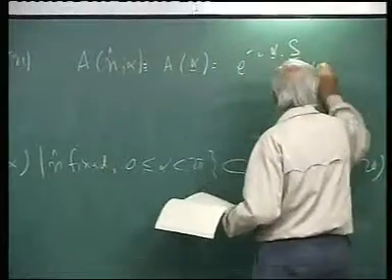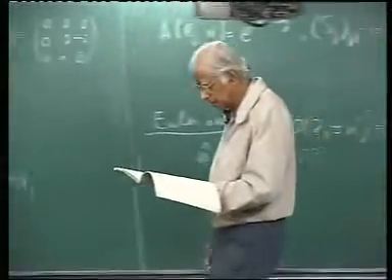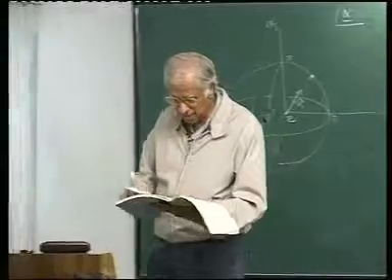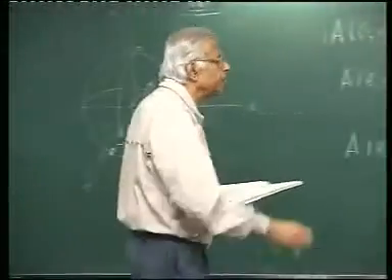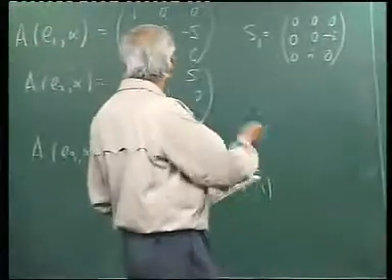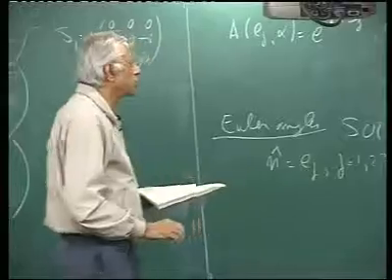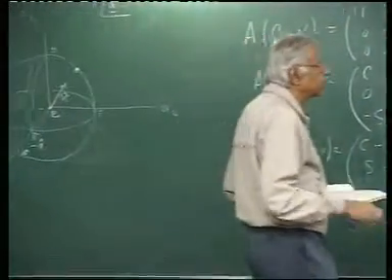Please make sure that you understand this. So every element of the proper rotation group, the matrix A of our defining representation, can be written in an exponential form. These three matrices, S1, S2, S3, are given a name.